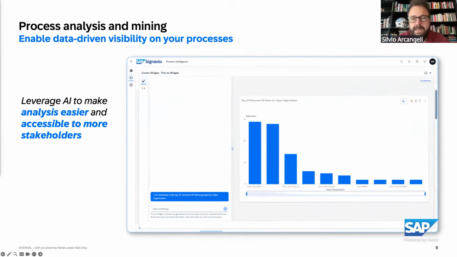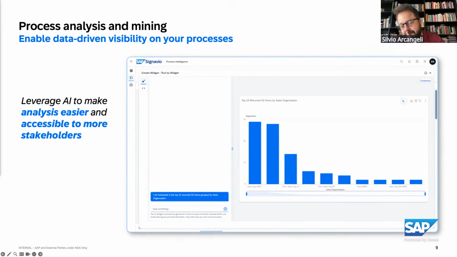And since a few quarters, we are also providing more and more generative AI-based features to democratize the analysis experience further. So, for example, creating process mining widgets out of natural language prompts so that the experience of creating a process analysis dashboard can also be extended to users who are not so well versed with using business intelligence tools.